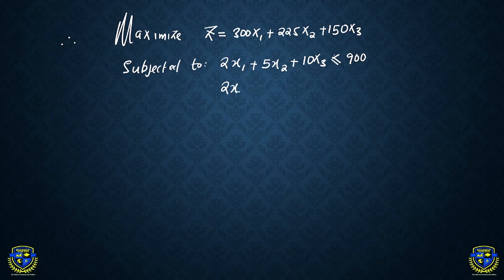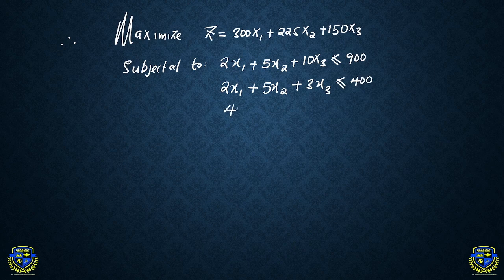Then 2x sub 1 plus 5x sub 2 plus 3x sub 3 should be less than or equal to 400.